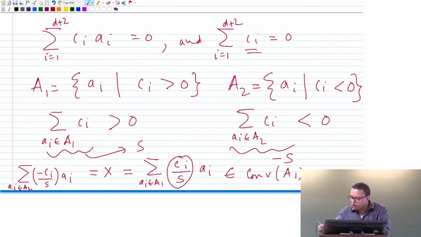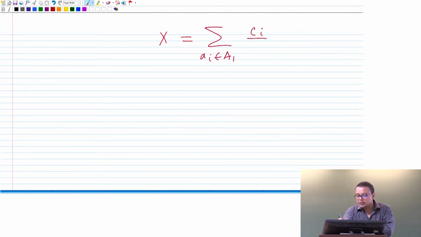Let me go to the other page. So, I am defining x as summation, Ai belonging to A1, Ci by S Ai, and as we said, this belongs to convex hull of A1.